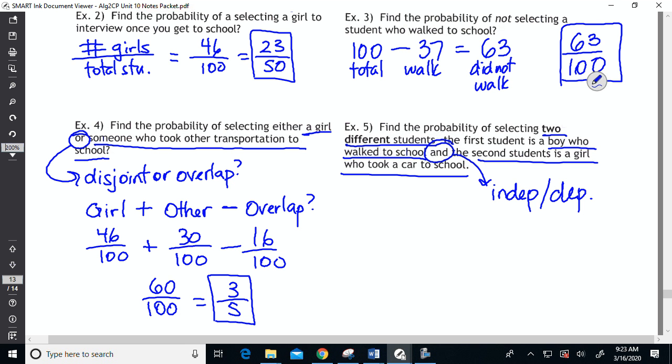Now you have to ask yourself, does doing one have a direct effect on the other? First it's one student, and second, if you select one student, you're not going to select that student again. So now you're changing the number. Therefore, this is a dependent probability. If you pick one student, you're not going to pick that same student again, so you have one less person to choose from.